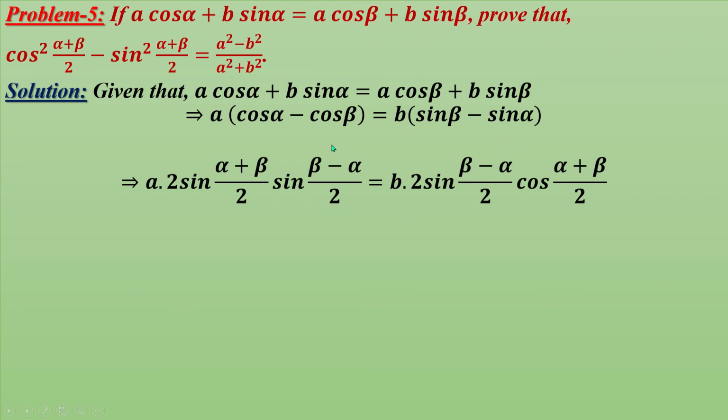Now this and this cancel, 2 cancels, this and this cancel. As a result, here will be cos (alpha plus beta) by 2 and here sin (alpha plus beta) by 2, and here a, here b.